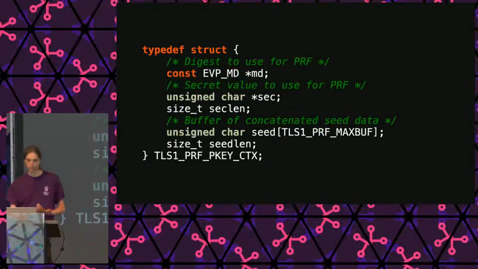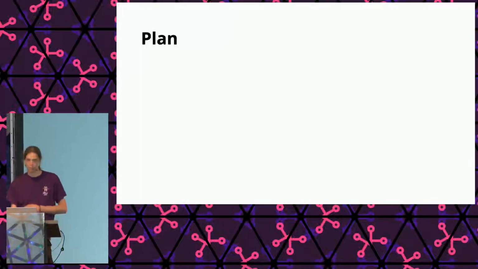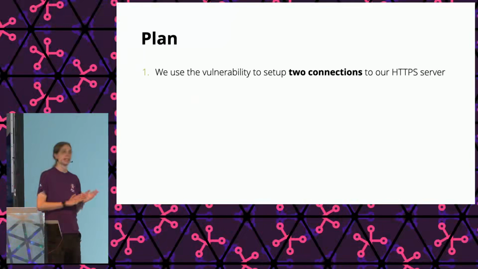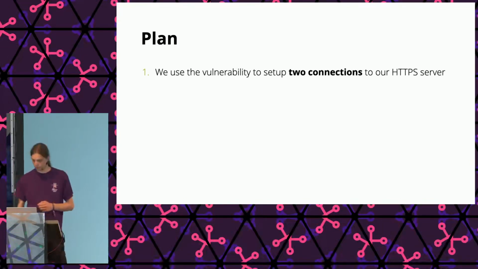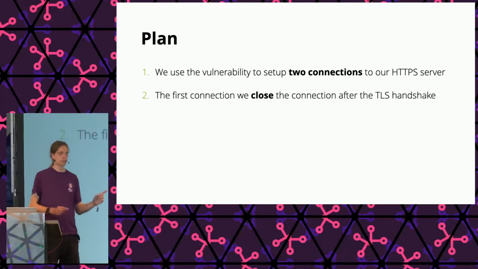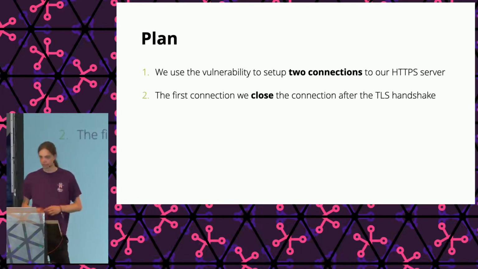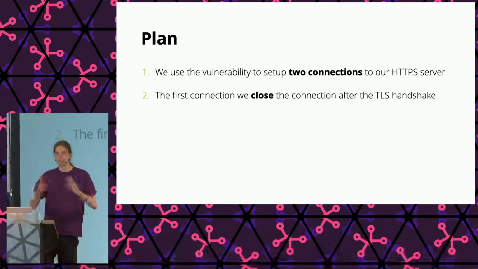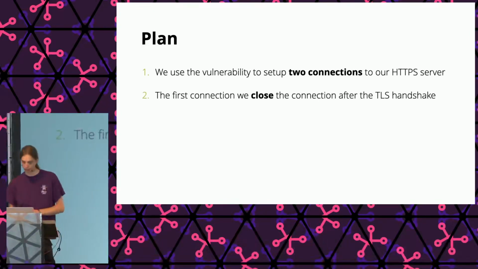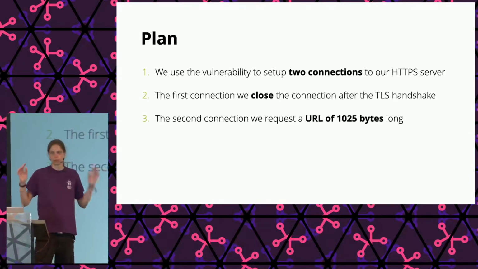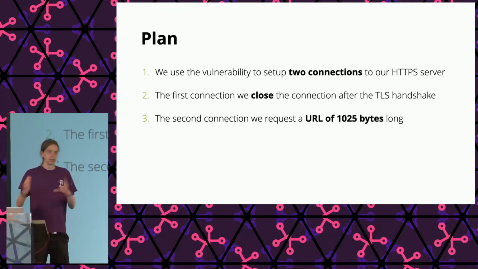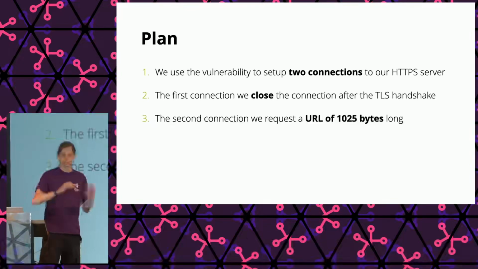So we formulated the following plan. We used that vulnerability we had to set up 2 connections to an HTTPS server of us. And on one of these connections, we close it immediately after the handshake to make sure that these objects are in memory somewhere, although they are deallocated. And on the second connection, we request a path of 1025 bytes, which is a size that fits within the same bucket.